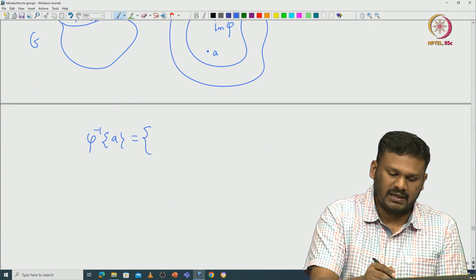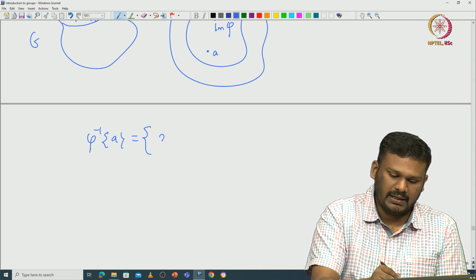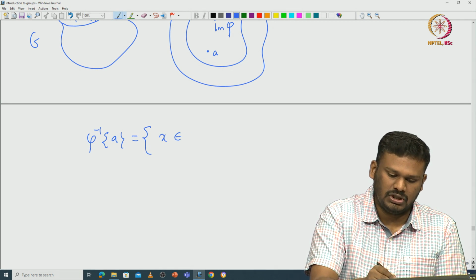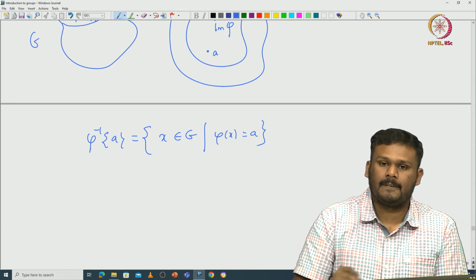By definition, it is all X in G that are mapped by phi to A, that is, phi X equals A.